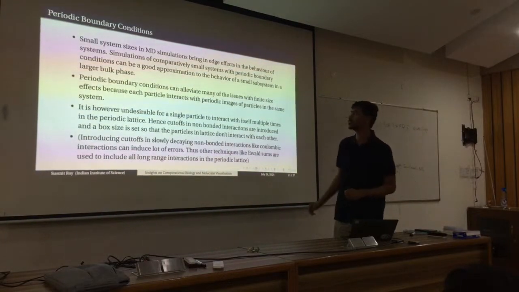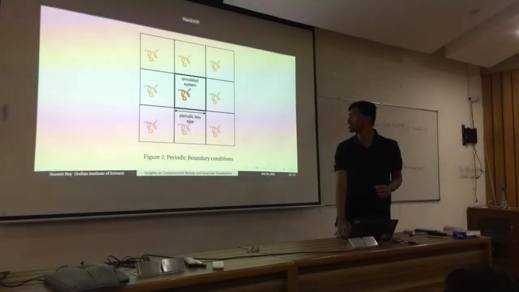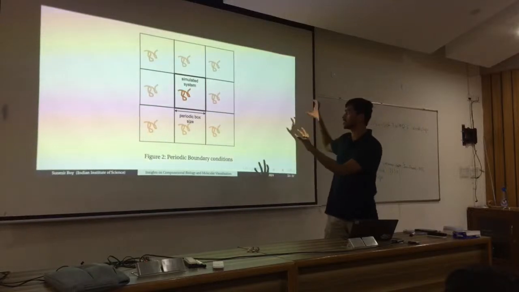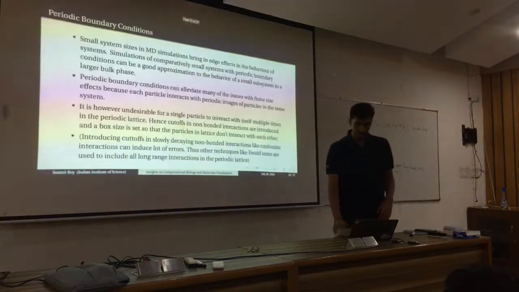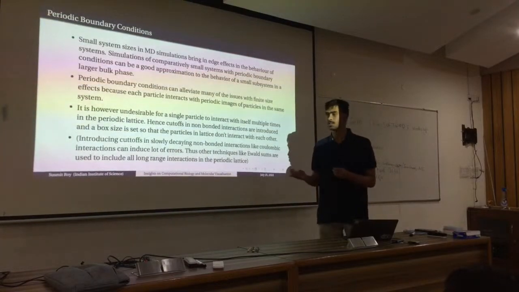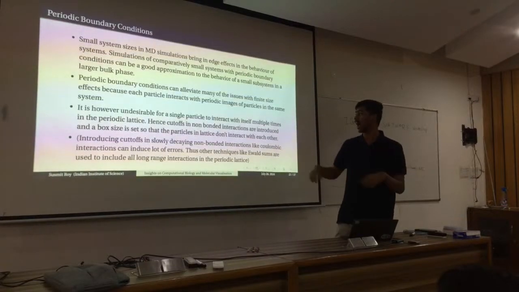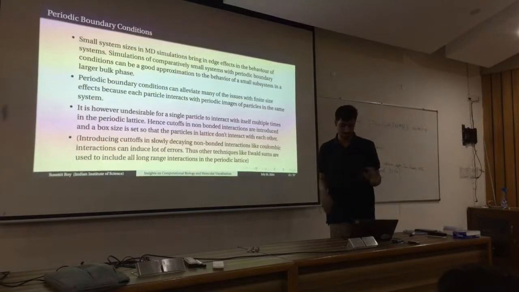So you use periodic boundary conditions, which look like this. You make the same copy of the system many times, and you put cutoffs so that one system doesn't interact with others, and you get a bulk-like simulation.